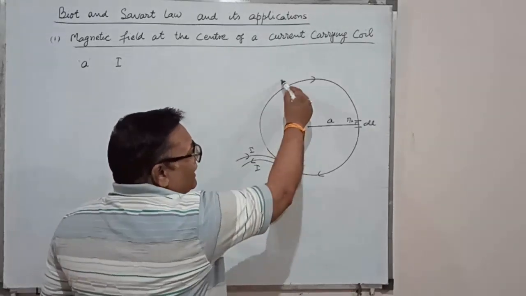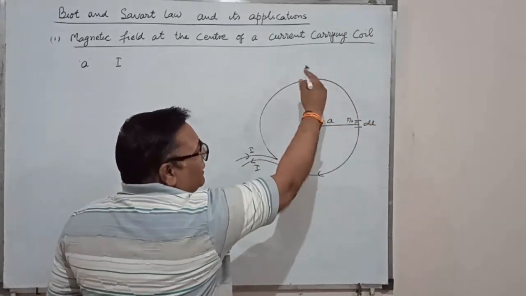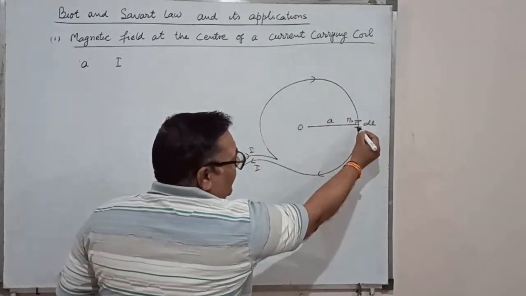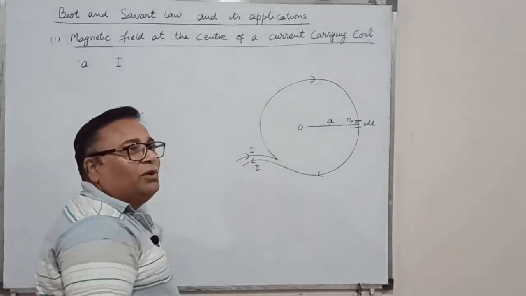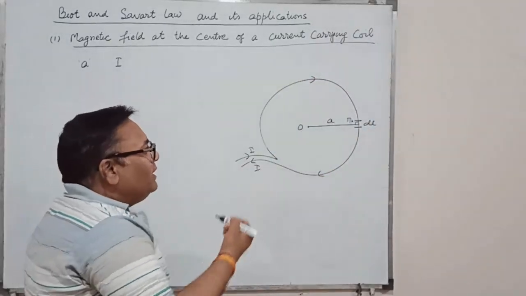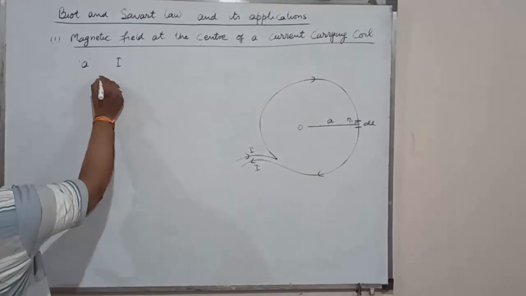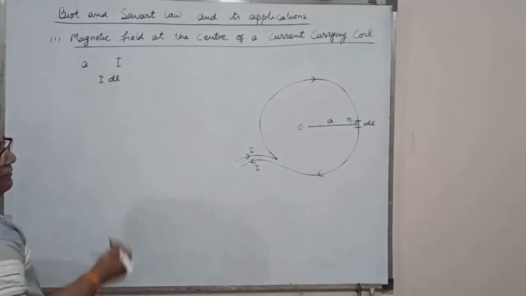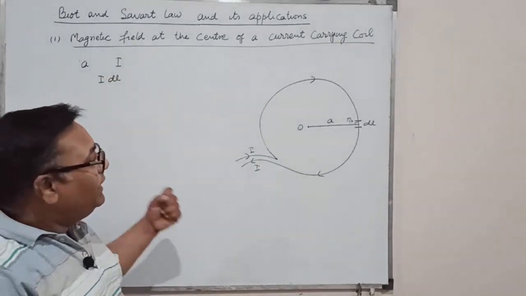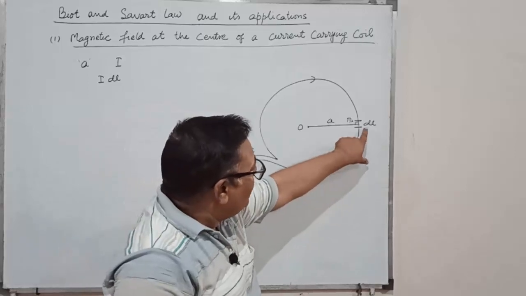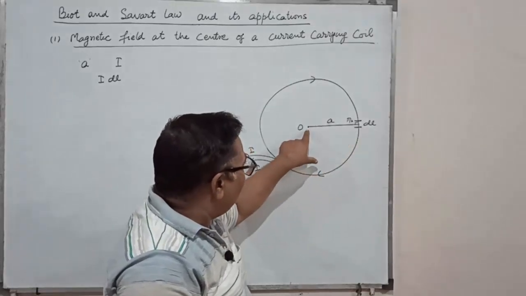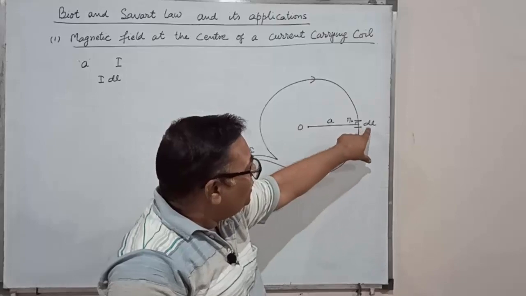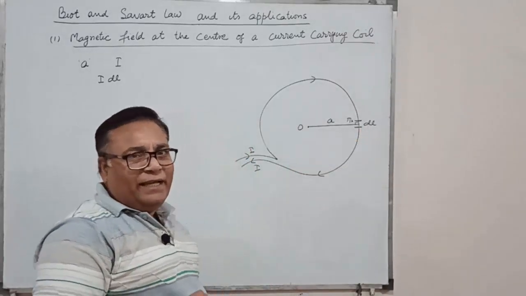Let I be the current passing through the conductor, and take this infinitesimally small length dl. Then the current element is Idl. Then we have to calculate the magnetic field intensity at this center O due to this current element Idl.